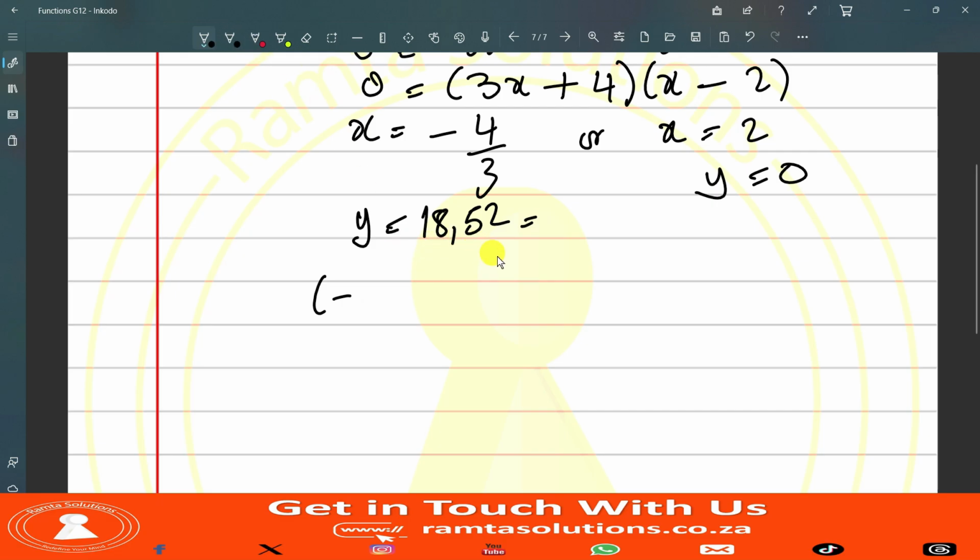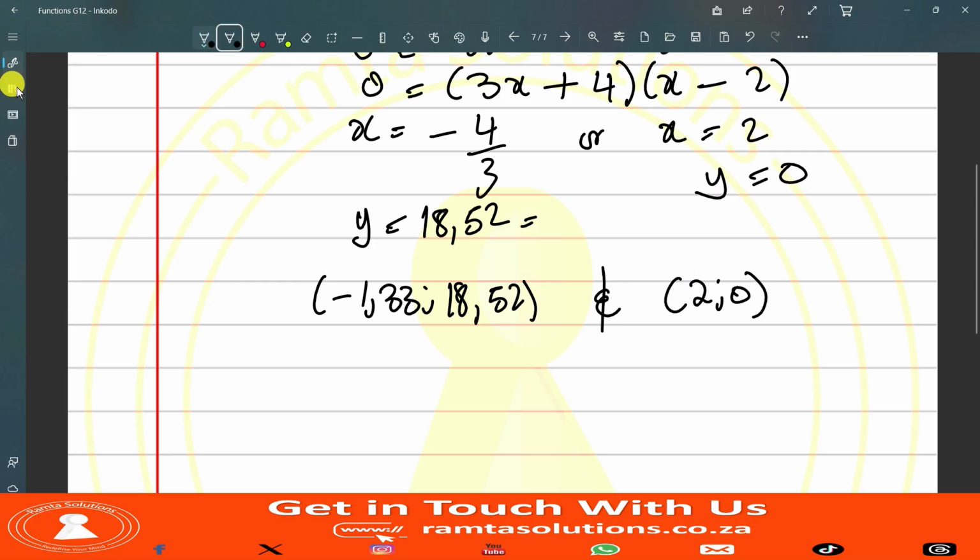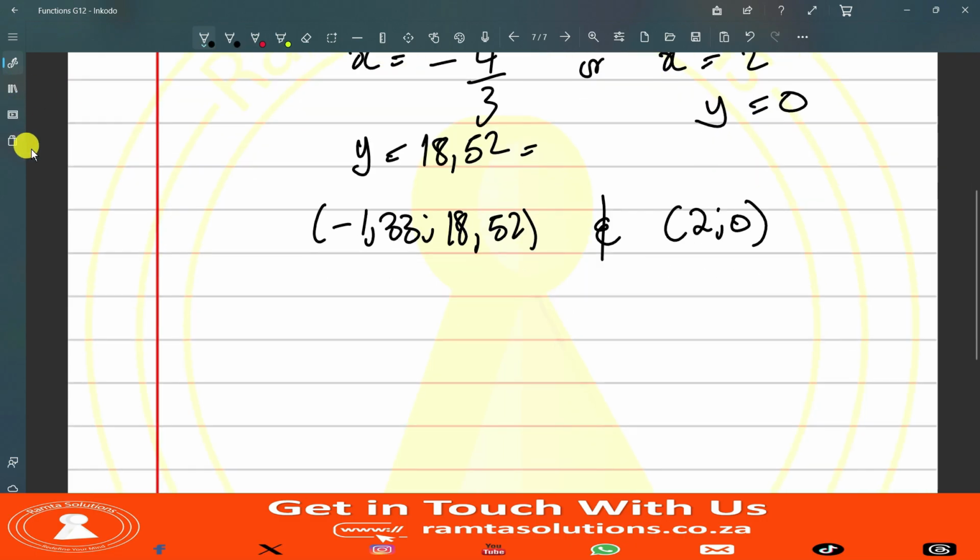So let me just leave it as a decimal. This one here, 4 over 3, could be written as negative 1.33, and this one is 18.52. Whereas the other one is 2 and 0. So these are the important points you need for your cubic.